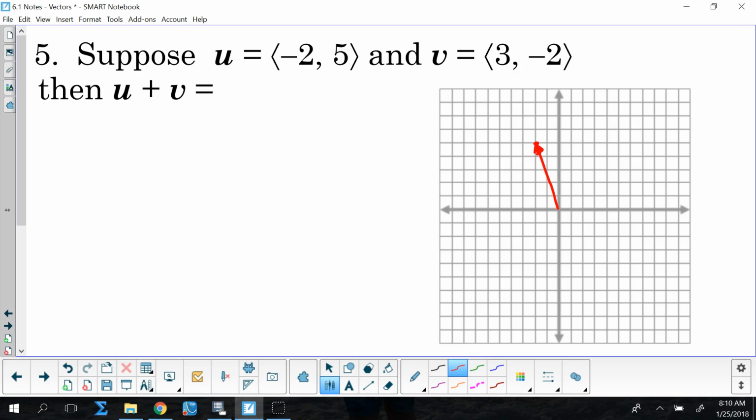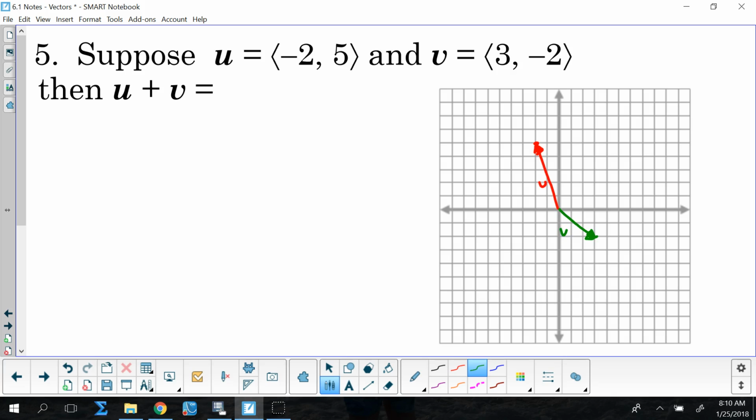You've got to put an arrowhead on it because it's a vector. Now we've got to put v on there, in green. 3, negative 2 is down there. So there's v.